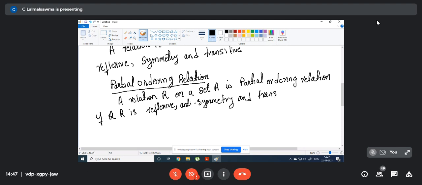The only difference between the two definitions is symmetry and antisymmetry.